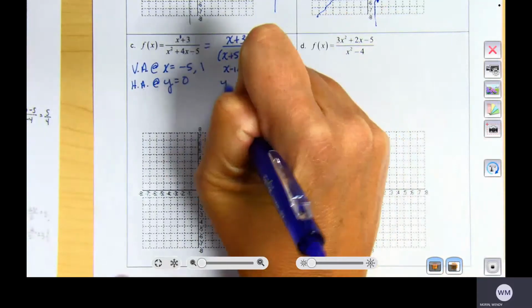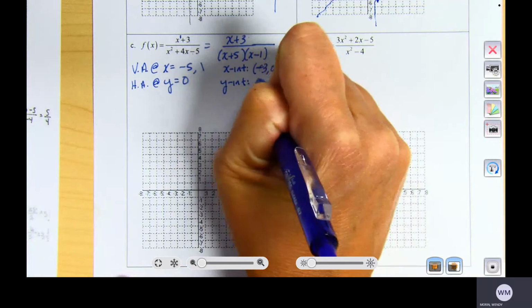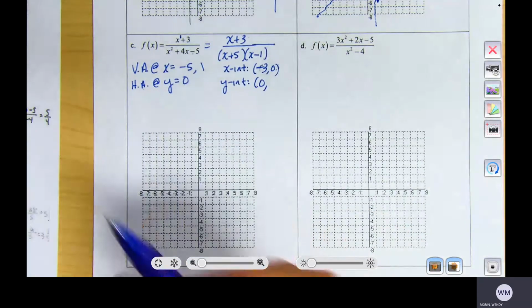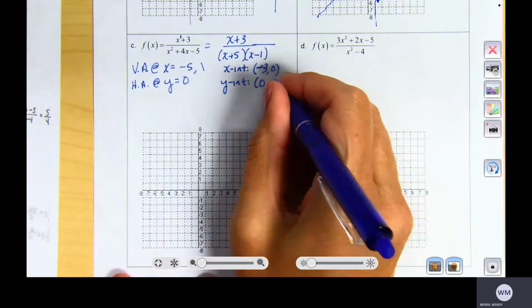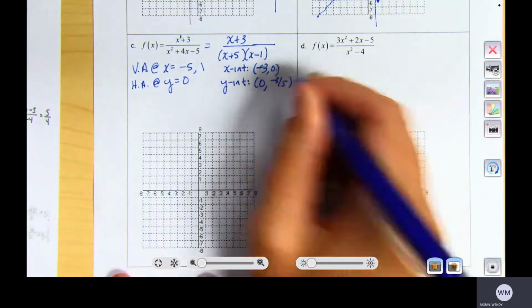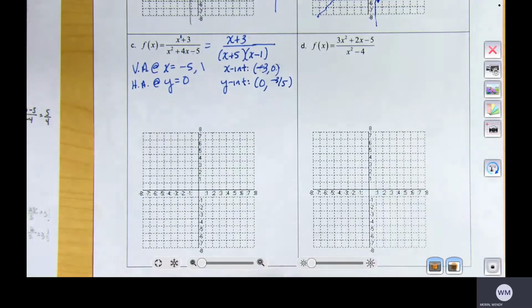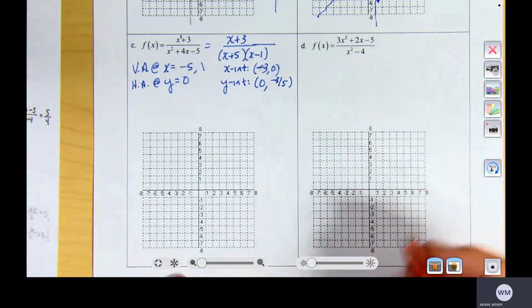-3, 0. Y-intercepts, so when you plug 0 in for x, again, into this one or into this one, it doesn't matter. You get -3/5. Okay, so that's enough to get started. All right, let's use red as our guide here.